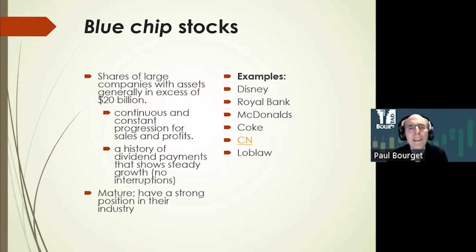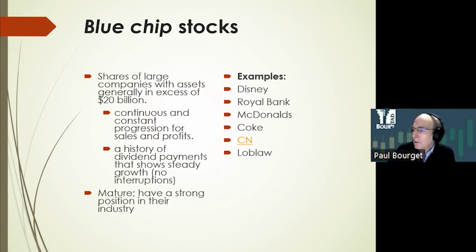But normally here you would not find cyclical companies. So if we have, let's say, a very large mining corporation, it will not normally be called a blue chip because of the cyclical nature of large mining companies. So we have examples like Disney, the Royal Bank, McDonald's, CN, Loblaws.